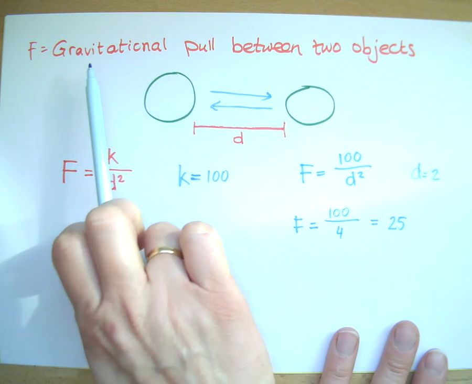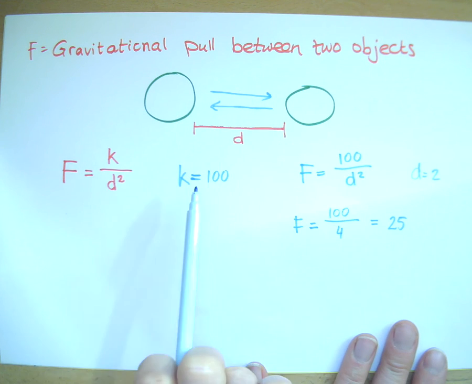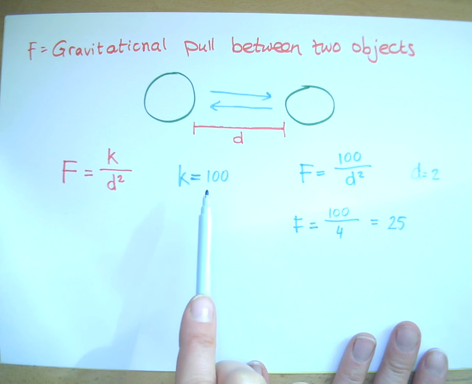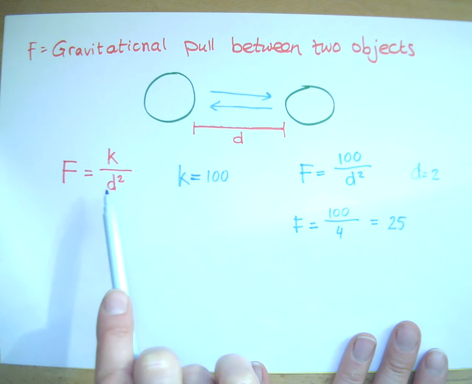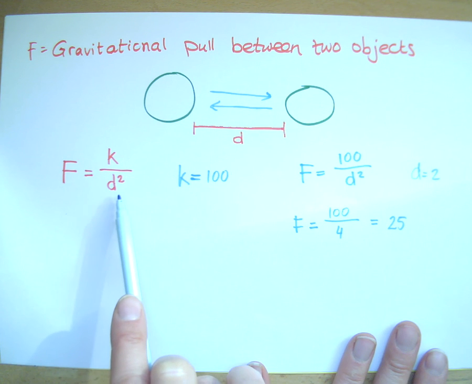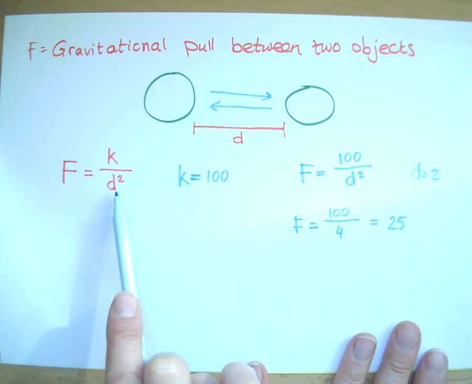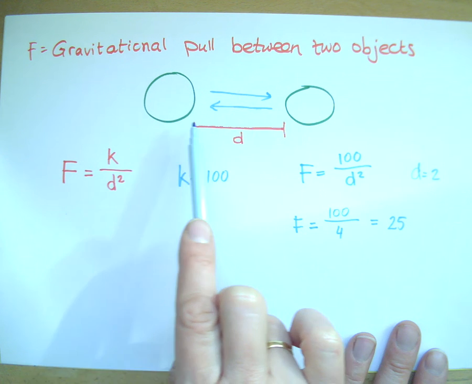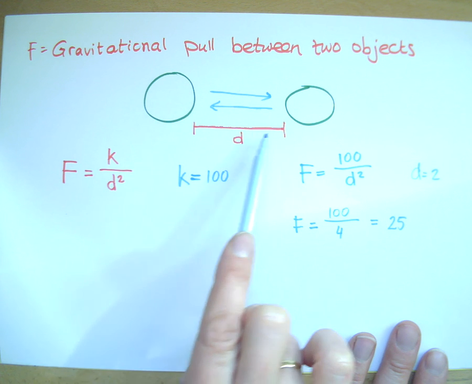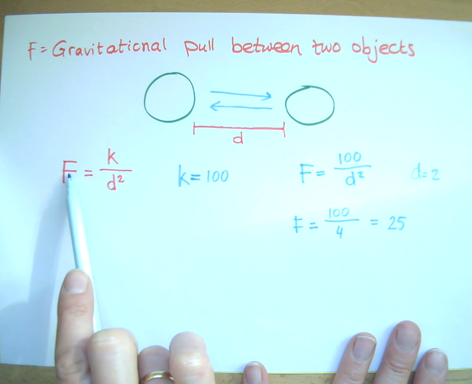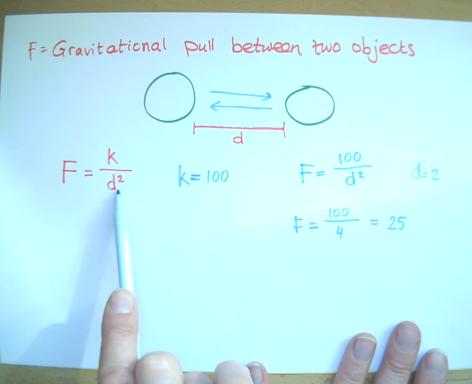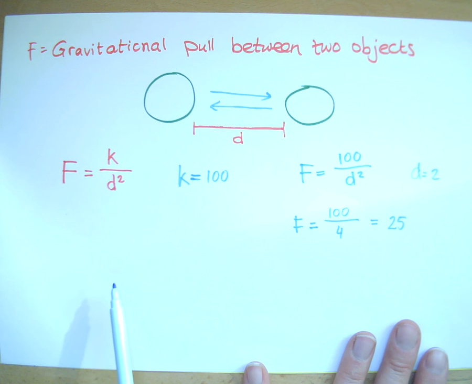I just want you to see that in physics, like in real life, there are many things that are inversely proportional to each other. And in this case of the gravitational pull between two objects compared to the distance between them, the gravitational pull is actually inversely proportional to the square of the distance between them.